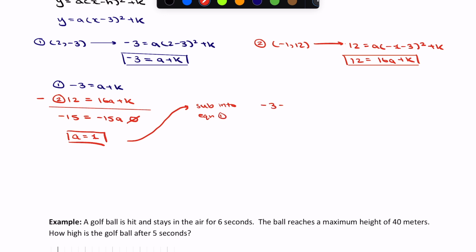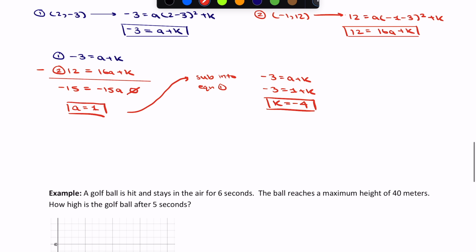Here we have negative 3 is equal to a plus k. Negative 3 is equal to 1 plus k, and therefore k is equal to negative 4. And so therefore, our final equation will be y is equal to (x minus 3) squared minus 4.